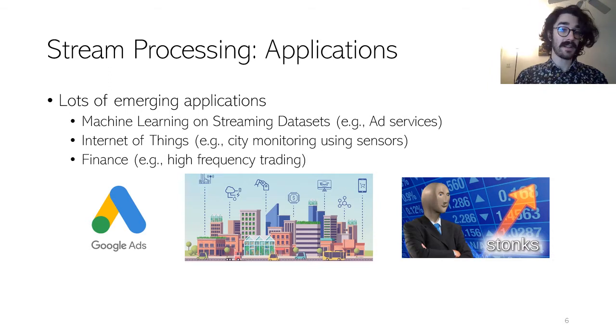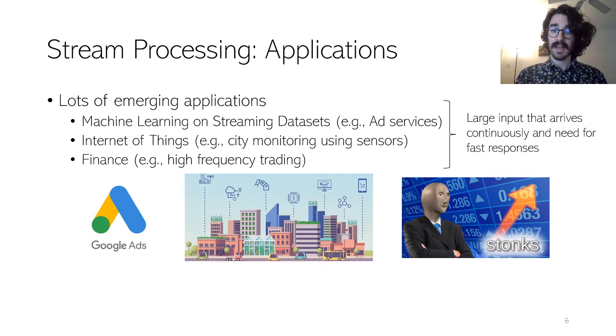And we also have finance as a domain, where stock prices change often, and there is need for very quick and responsive outputs from a system. The common thing between all of these applications is that there is a lot of large input that arrives continuously, and there is heavy need for fast responses.